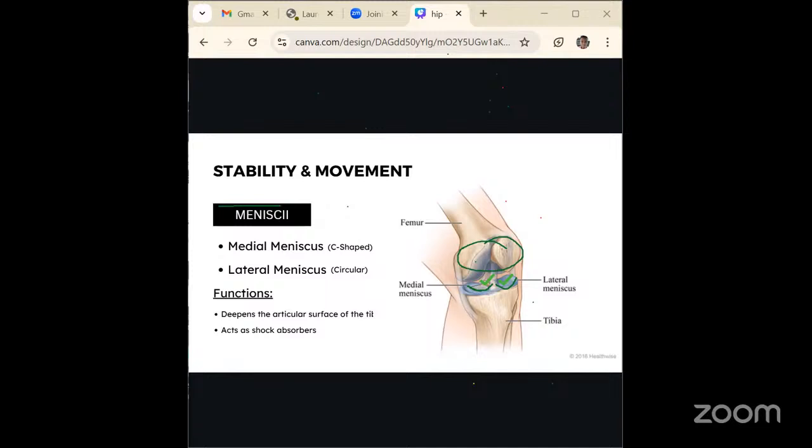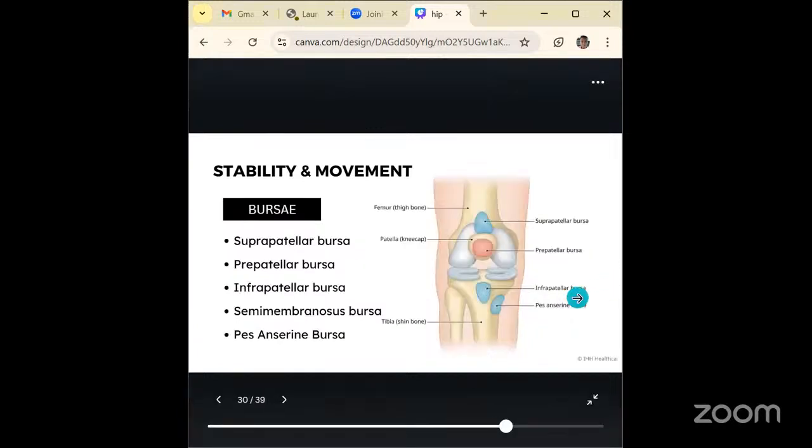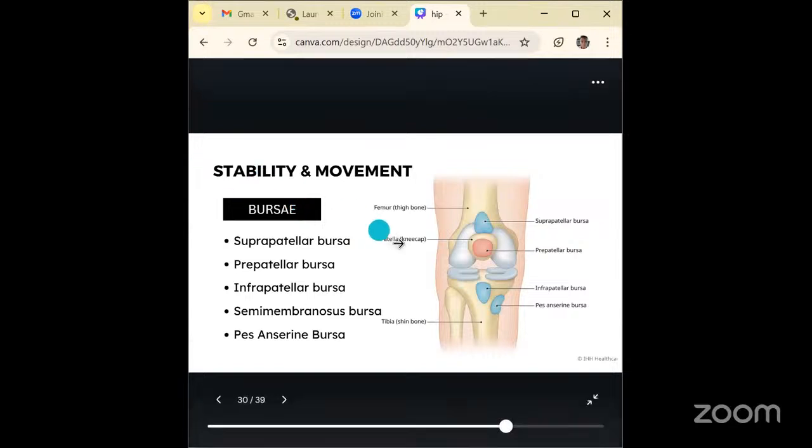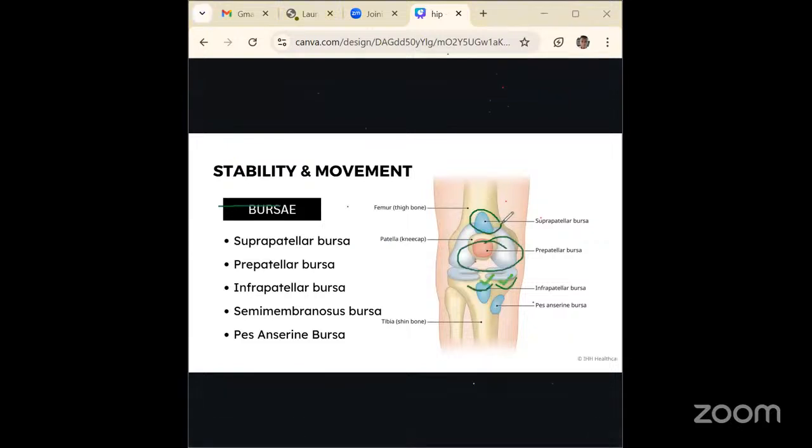All right. So after menisci, we will see the bursae. There are different bursae. You see, this one has up to 5 bursae set. So the first bursa that we can see here is the suprapatellar. Just by the name, you already know what kind of bursa it is. Suprapatellar means above the patella.